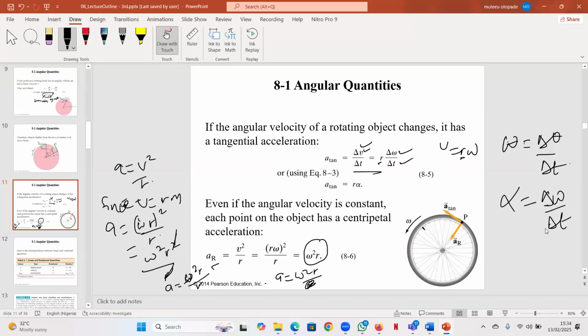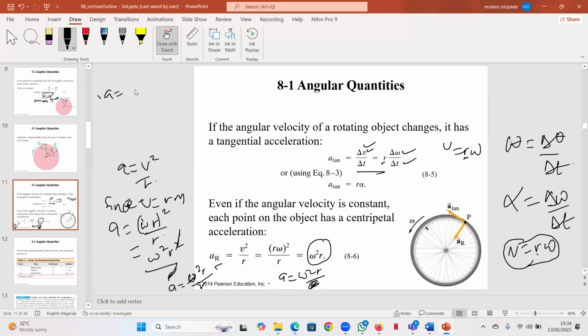Yes, sir. Now, there's always a relationship between the angular velocity and the linear velocity, and that relationship is that V is equal to Rω. So it makes it very easy when we have the acceleration to be V squared divided by R. Since you know that, you can bring in that V is equal to Rω.